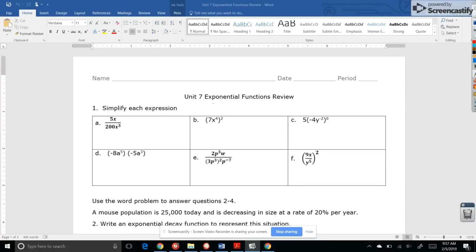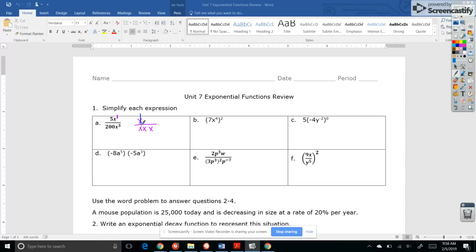each variable one time. So on part A, we need to remember that 5x is really 5x to the first power. So if I think about x to the first divided by x to the third, I can write that out as 1x in the numerator and then x times x in the denominator.